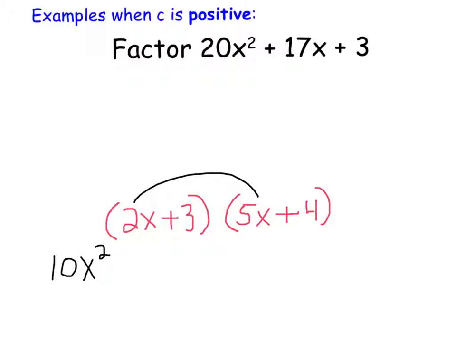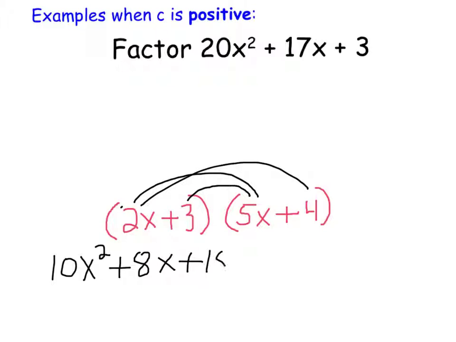Next, this multiplied to this, and I end up with 8x, 2x times 4. My next move is 3 multiplied to 5x, and that gives me 15x. Lastly, 3 times 4 is 12.